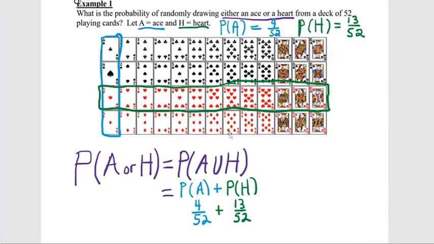And then we'll subtract the probability of A and H. So you can either write that as A intersection H, or you could put an and instead of the intersection sign. Either is fine.